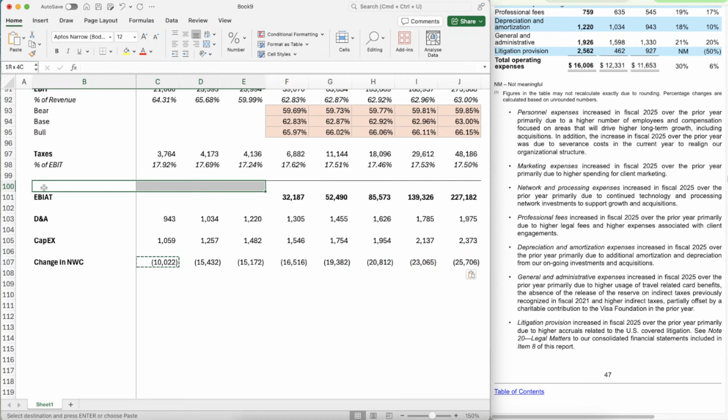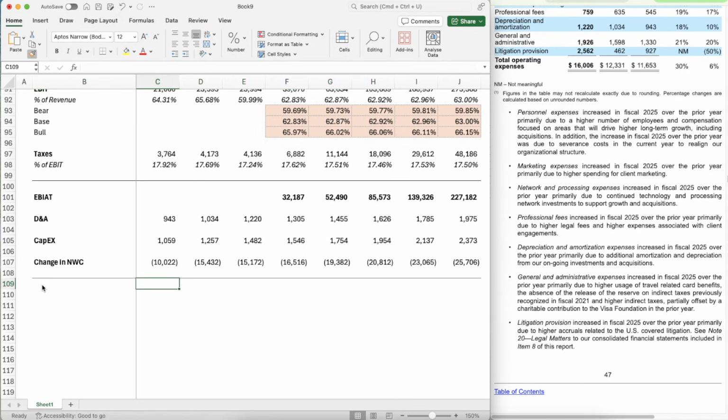Okay. Copy your border again. We want to calculate unlevered free cash flow. We only do it for the years that we're projecting. So we go equals, we take our EBIAT, we add back in depreciation and amortization.